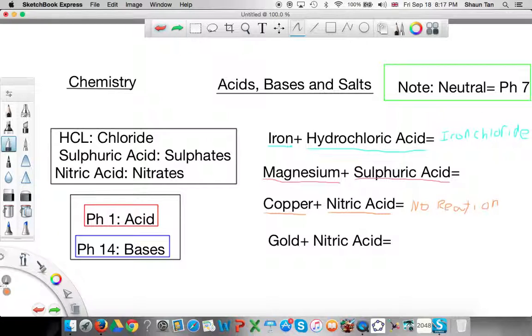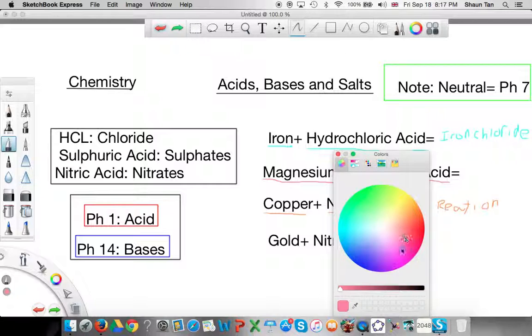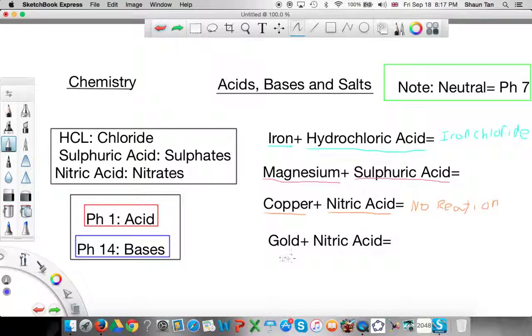Last question before we move on to some other stuff. You can get gold here, and gold is at the very bottom of the reactivity series. Gold is unreactive. That's why it's used for jewelry all around the world.